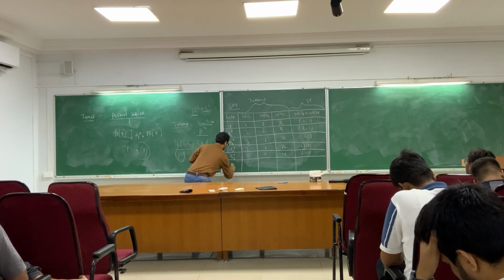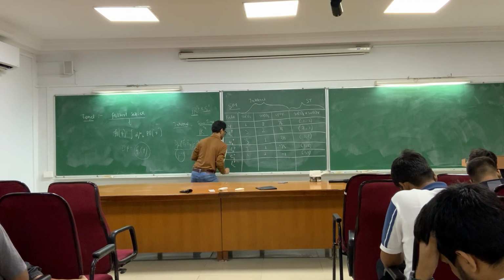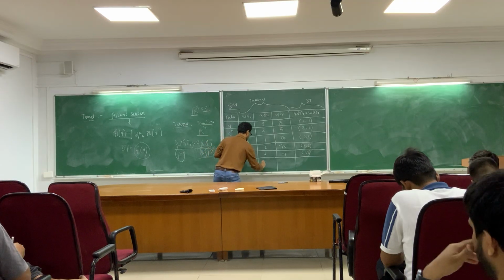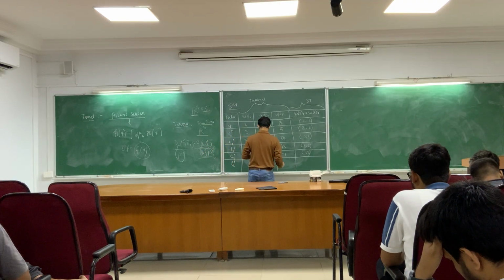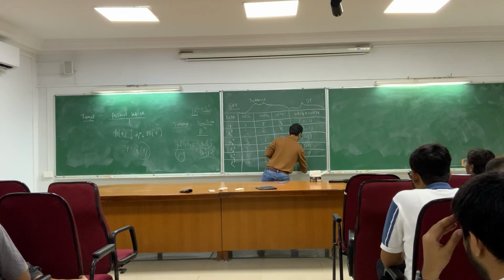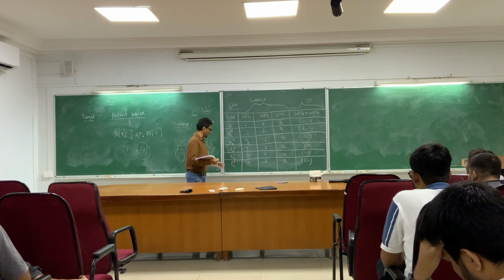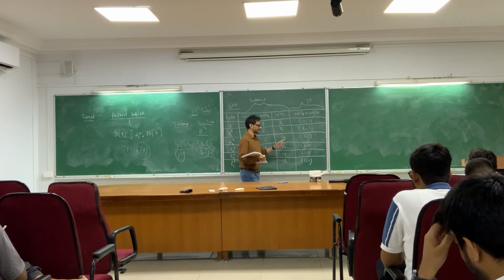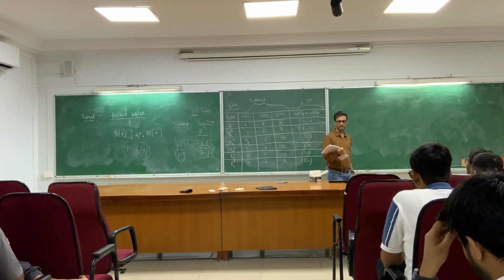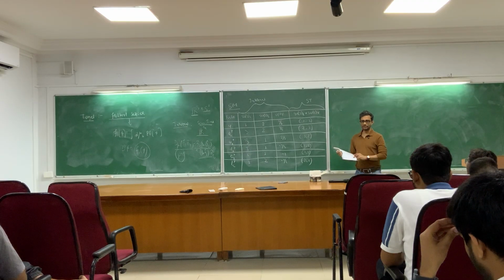And then you have a lepton doublet. It is a color singlet, doublet, and you have minus half and 2 comma 1. So interestingly, see this assignment of the hypercharge, you have to be careful.